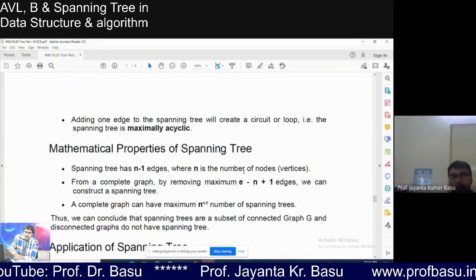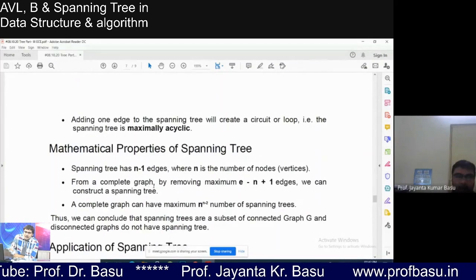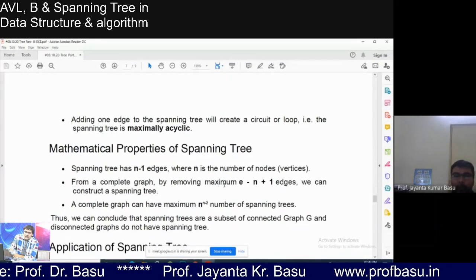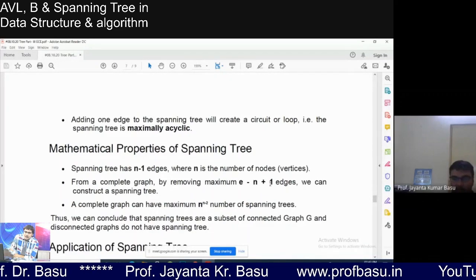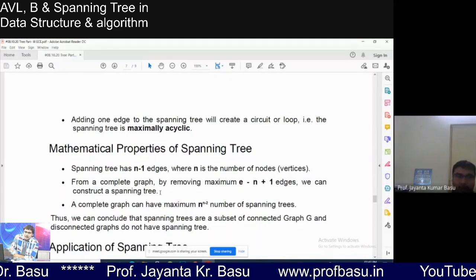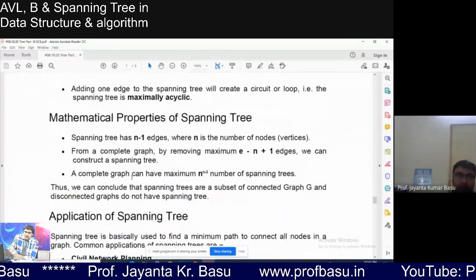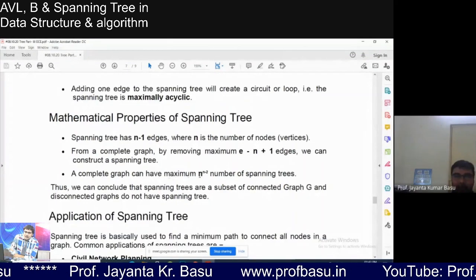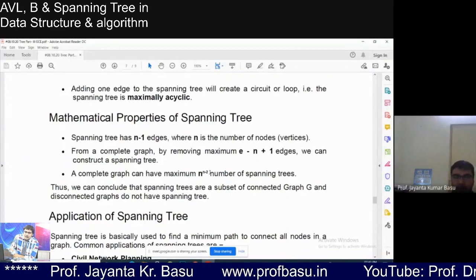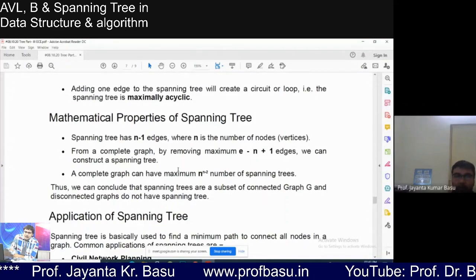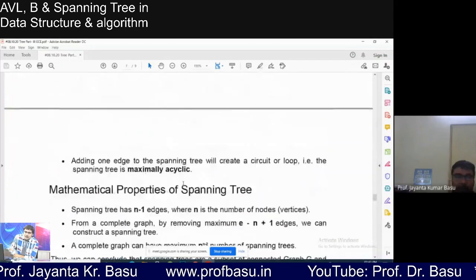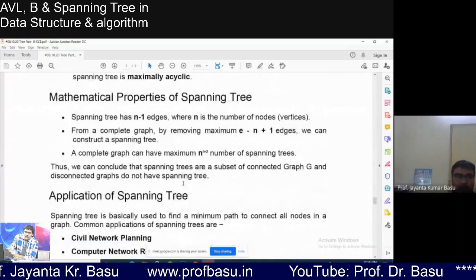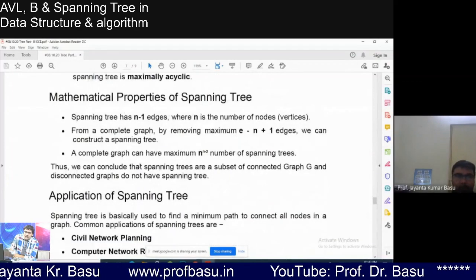From a complete graph, by removing a maximum of e minus n plus 1 edges, we can construct a spanning tree. A complete graph can have a maximum of n to the power n minus 2 spanning trees, what we have discussed here. Okay. So you will study all this, you will get theoretical questions from this.